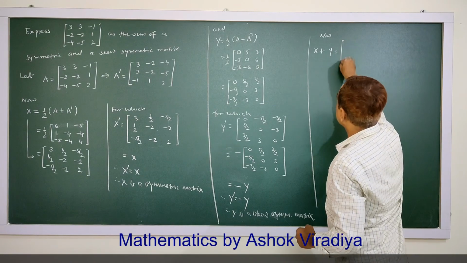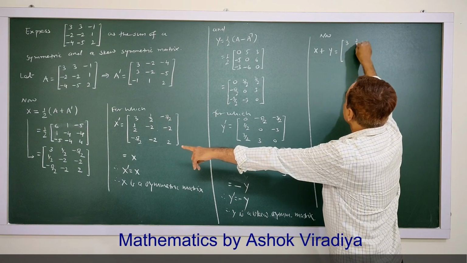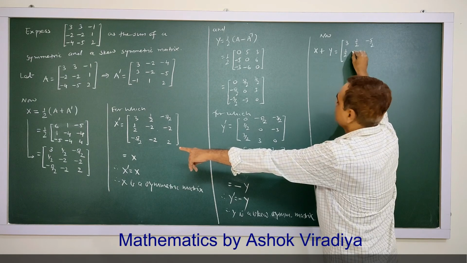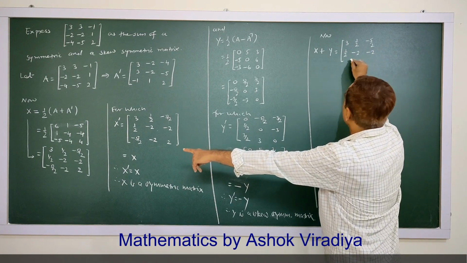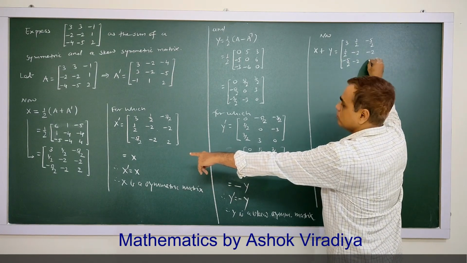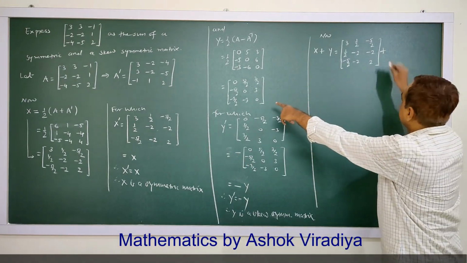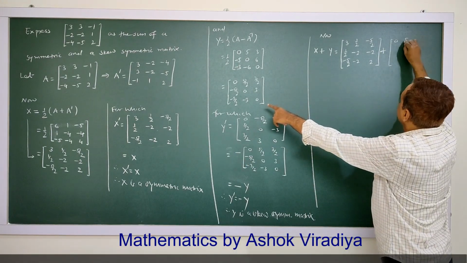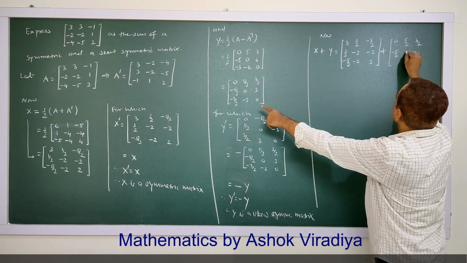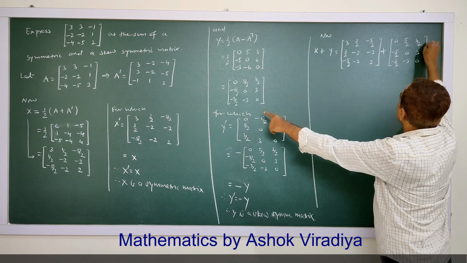So putting the value of x, look, there is x: 3, 1 by 2, minus 5 by 2, 1 by 2, minus 2, minus 2, minus 5 by 2, minus 2, 2, plus y, this is y: 0, 5 by 2, 3 by 2, minus 5 by 2, 0, 3, minus 3 by 2, minus 3, 0.